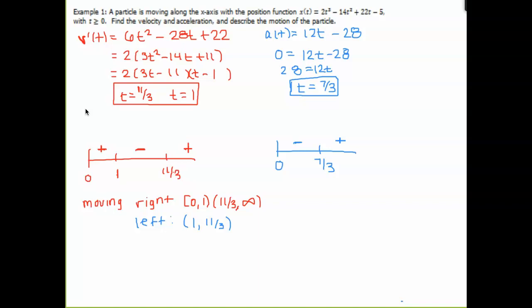So we're not talking about concavity anymore. We're talking about acceleration. So the acceleration is decreasing from 0 to 7/3, and it's increasing from 7/3 and beyond.